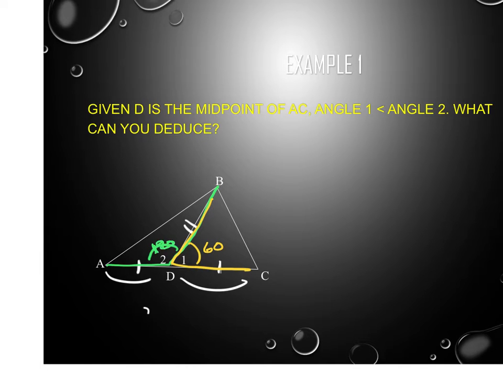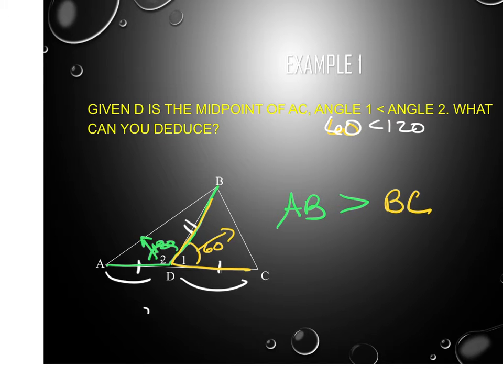Just as long as you put in numbers that make 2 bigger than 1. 60 is less than 120. So then what you would say is the side that's across from the 120, which is side AB, is going to be greater than the side across from the 60, which is BC. This is what we could deduce.